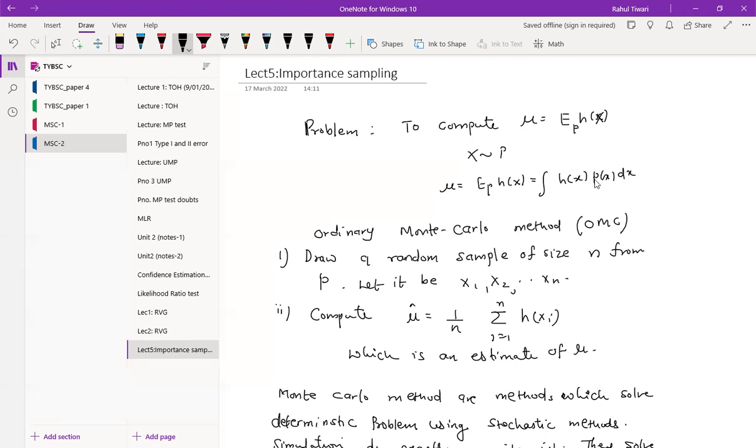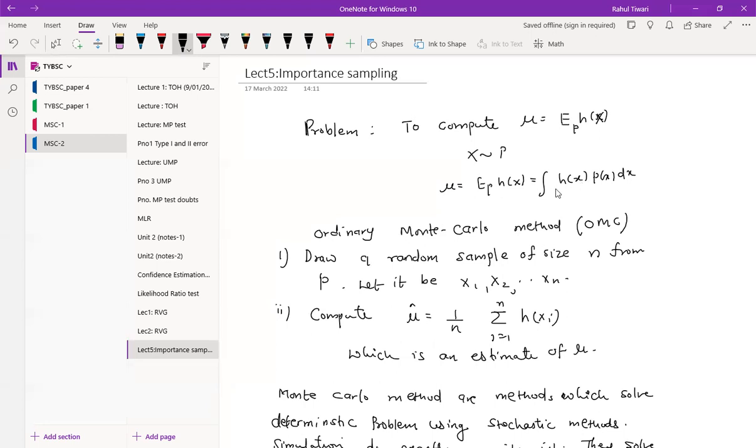Using this stochastic method, I'm getting the estimate value. A deterministic problem is solved using the stochastic method, using probability sampling. So here I'm generating samples from the probability P, and here I'm computing the estimate of the value.